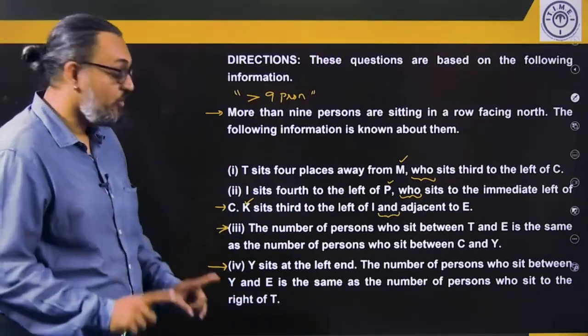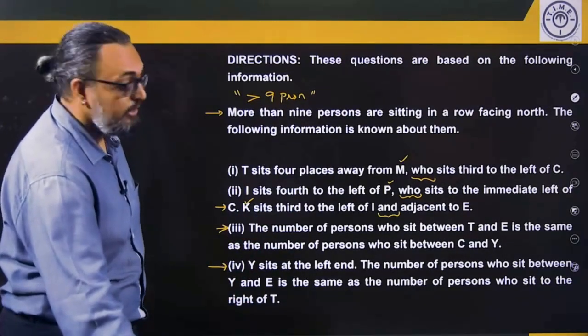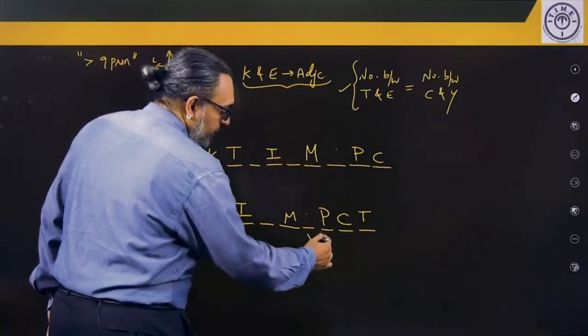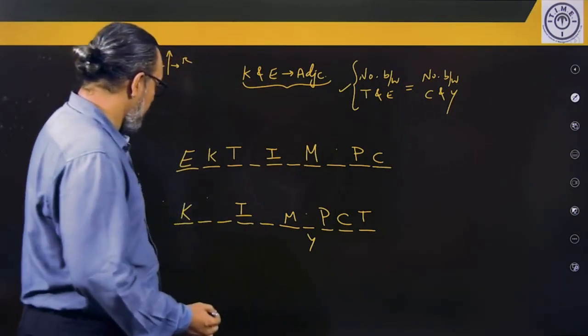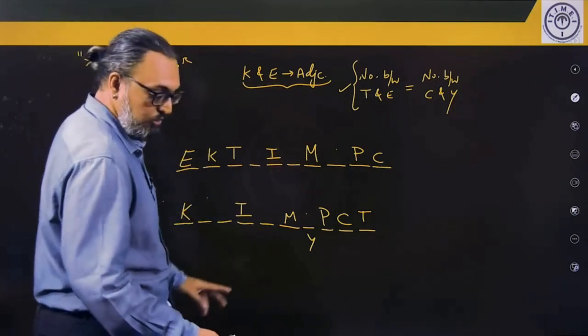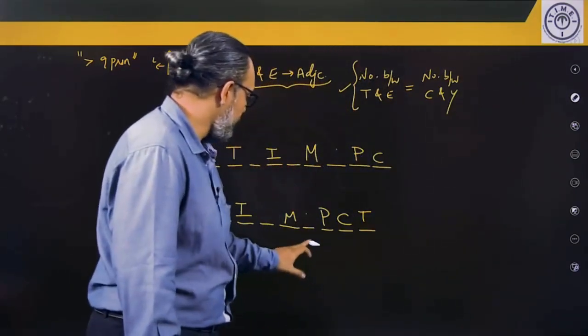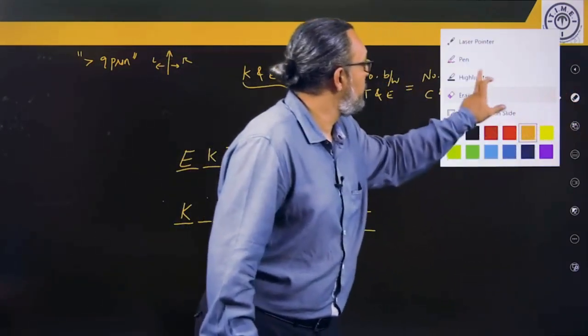So if Y has to sit at the left end, now check here, if I put Y here, sorry, for this, not for the below one, let's not worry about the below arrangement now.